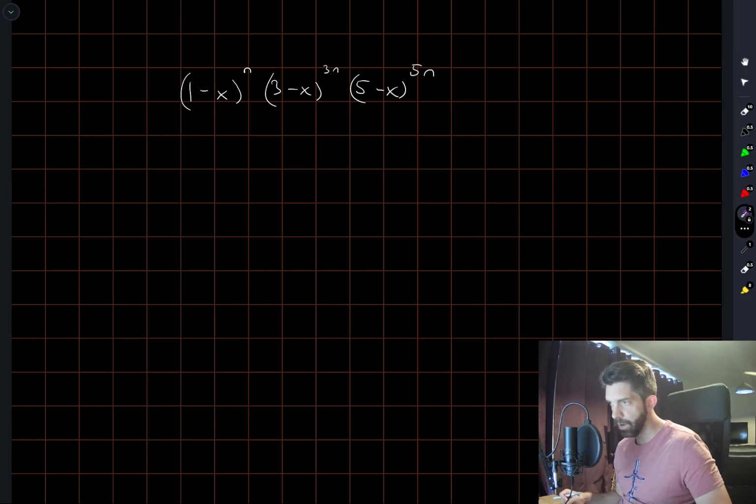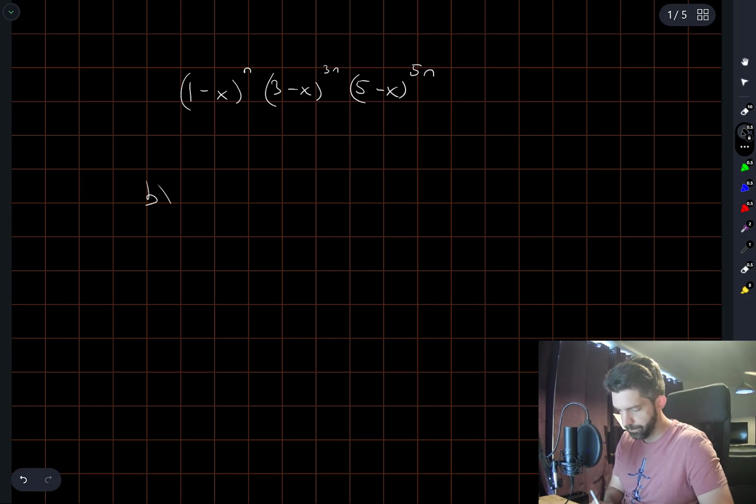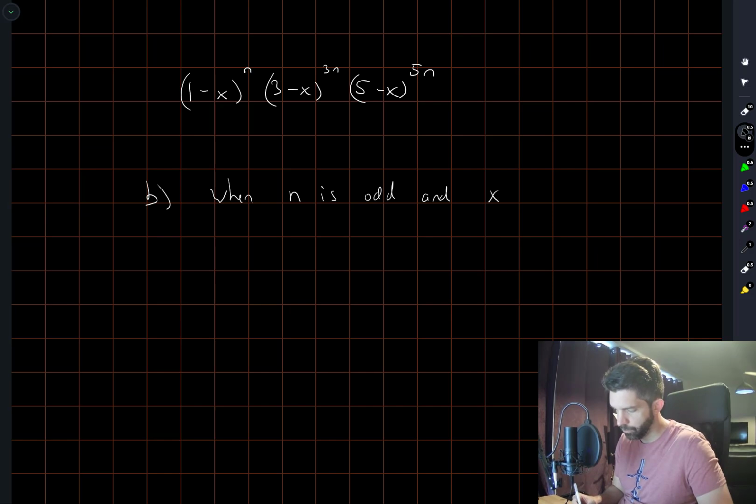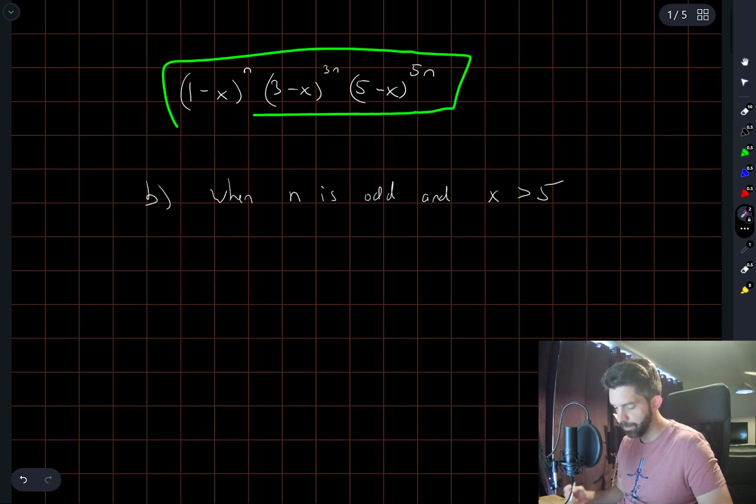So I need n to be odd. So in fact, the only one that satisfies that is option B, which is when n is odd and x is greater than 5, right? If n were even, this could not be negative.